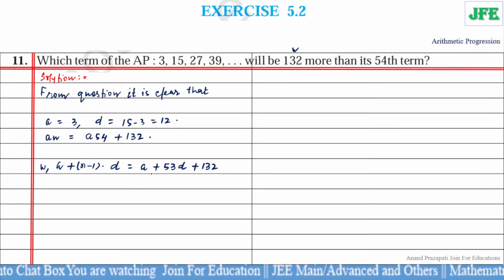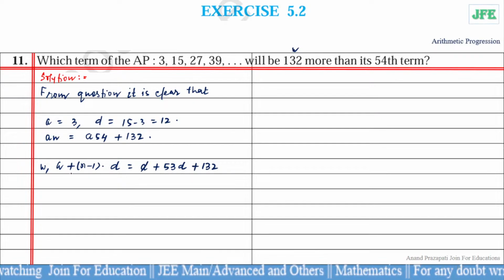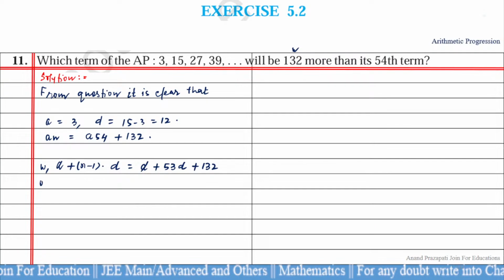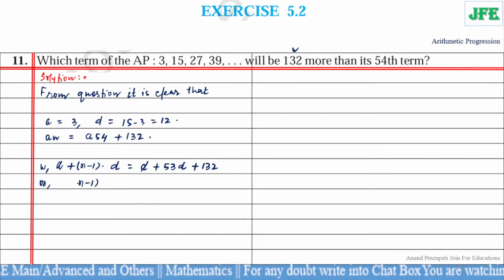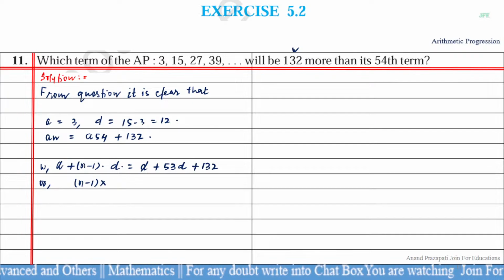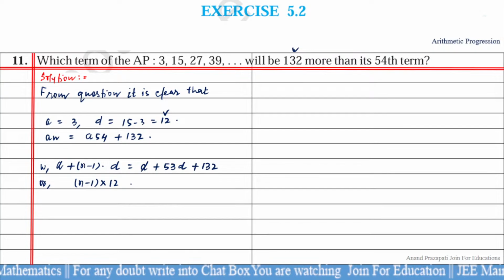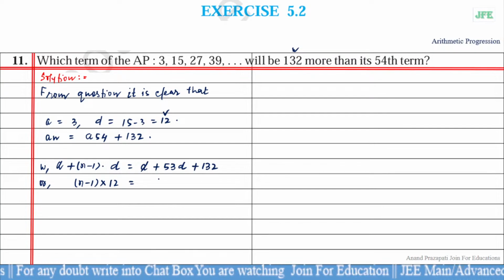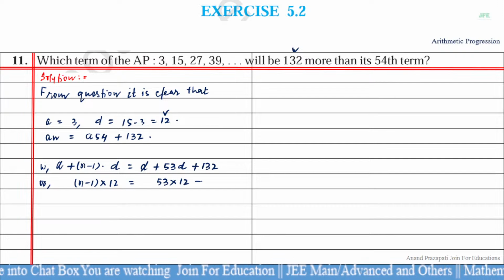Is there any problem understanding up to this step? So we cancel out a. So the next step will be (n minus 1), and now putting the value of d, which is 12, we write down here 12 equals 53 into 12 plus 132.